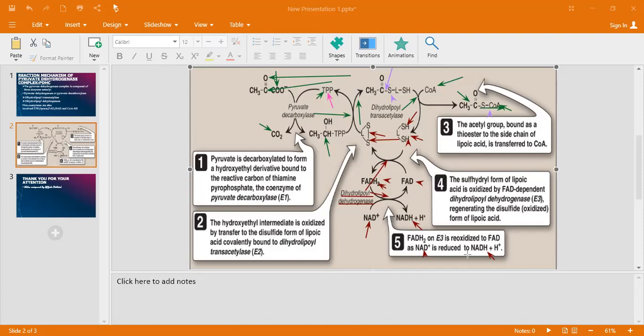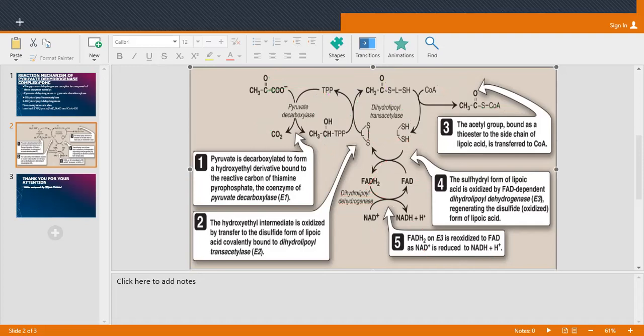In short, it will go to the electron transport chain. Okay, so that is what happens in those five reactions. So after that, we have already formed our acetyl CoA, which now will enter the Krebs cycle.